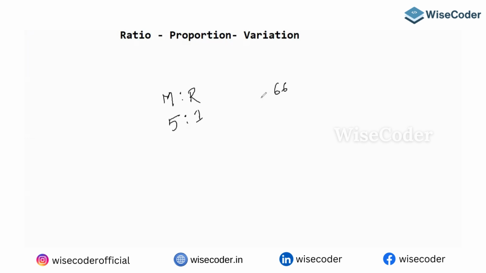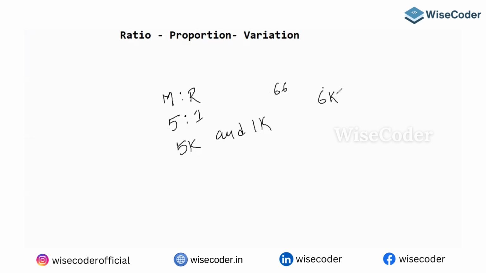Okay, let's see the solution. As their scores are in the ratio 5 is to 1, you can say it as 5k and 1k. So the total is 6k.